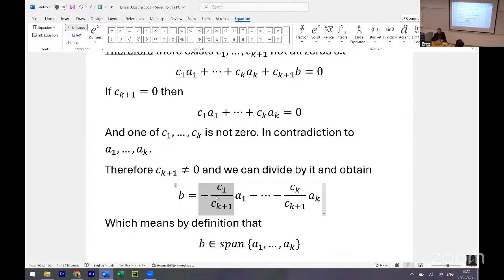You could set B to be a positive vector and still would be linearly... No, there is no such thing as a positive vector. The entries could be positive, right? But vectors are directions, they're not positive or negative.